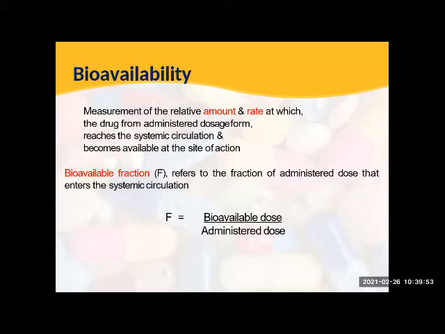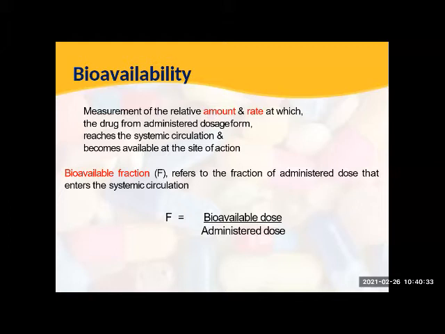Okay, so we can consider two examples of why these two terminologies, amount and rate, are important. First, why we require amount: if the rate of drug release is faster but the amount of drug that gets into the systemic circulation is less, then it means the clinical effect which we get will be less. Okay, we will consider the other part, that is the rate at which the drug is getting released.